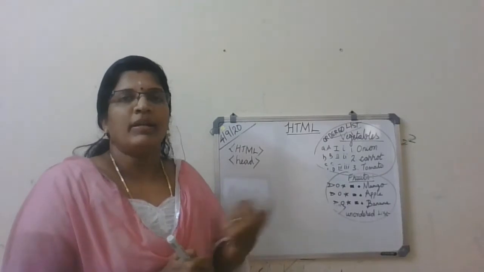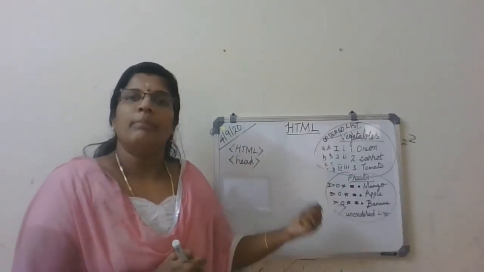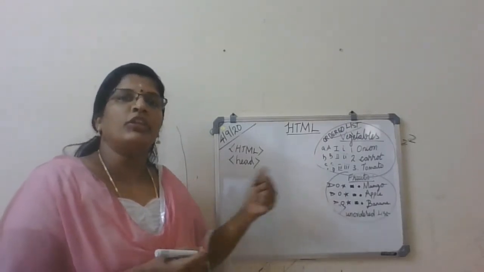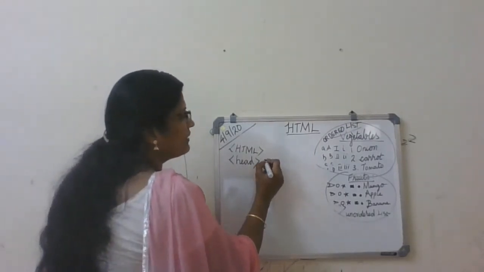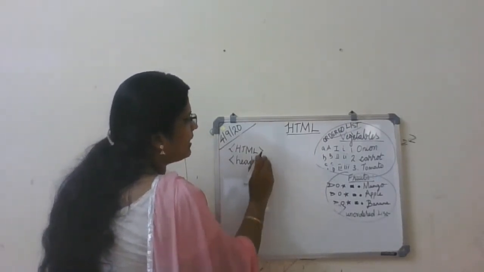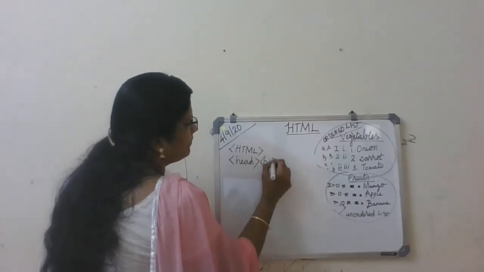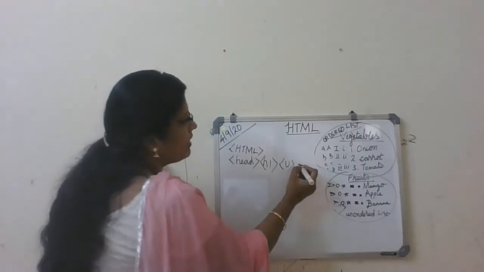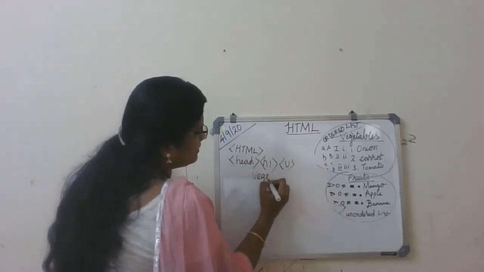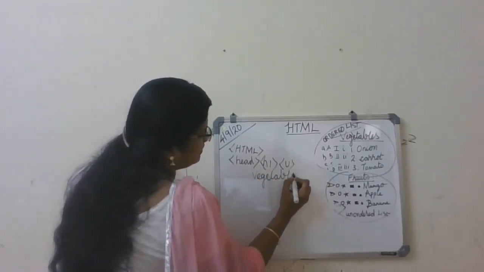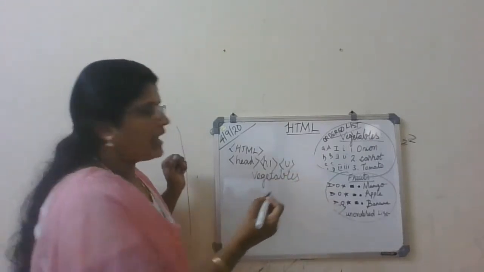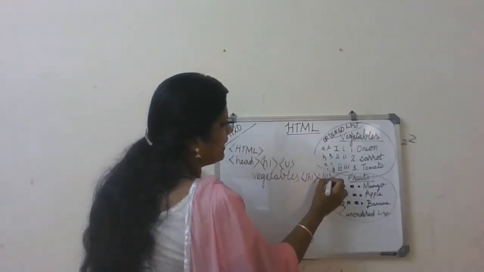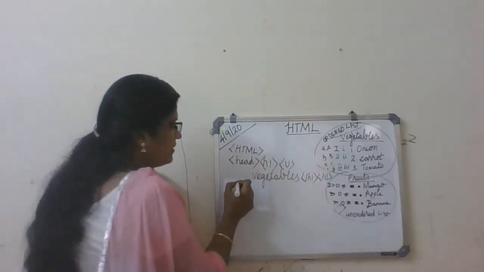But I'm not giving it because of no space. In the practical session, I'll show you how to do it. So font, everything you can apply. And here you have to give a heading as vegetables. I'm giving an H1 heading, and underline also I need. So underline, then it is vegetables. Vegetables I have given. So slash H1, slash underline. So everything is over here, which has the title.